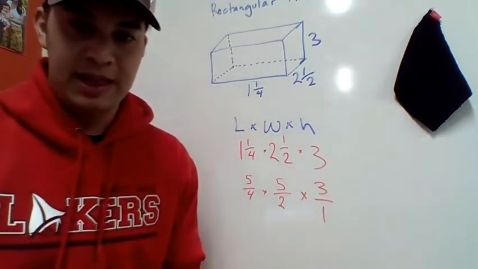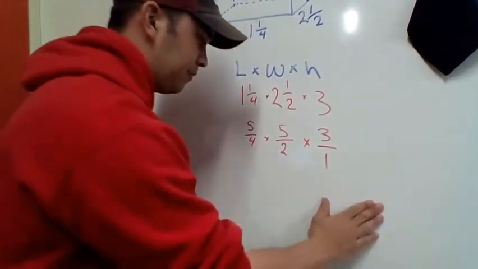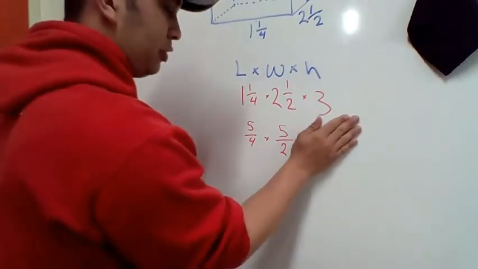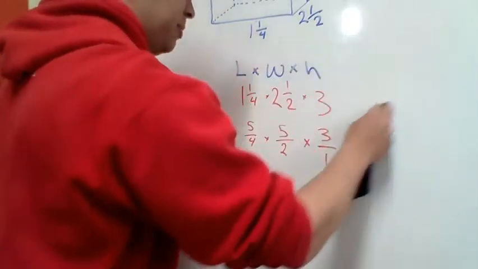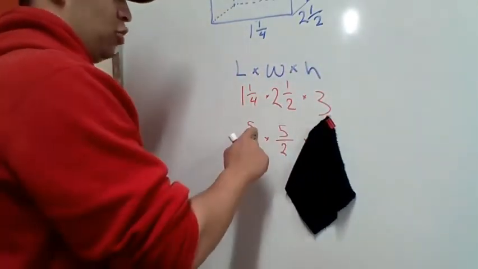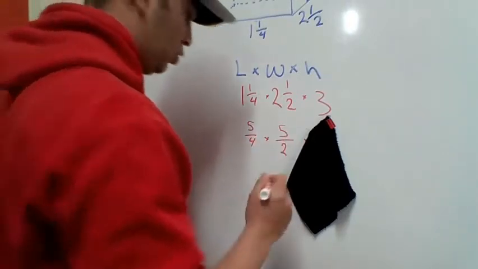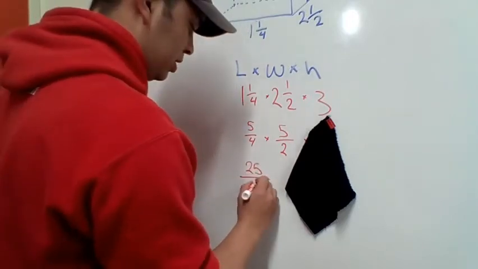So now we have something a little different here. Now, when you multiply, I'm just going to start with one problem here. These two right here. So I'm going to ignore this one for now. You multiply your numerators, multiply your denominators. 5 times 5 is 25. 4 times 2 is 8.